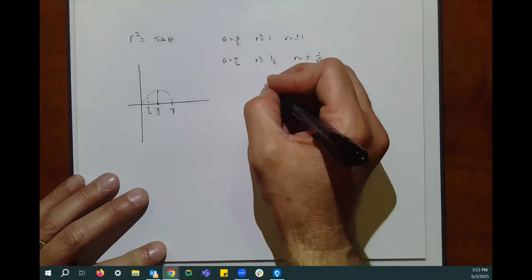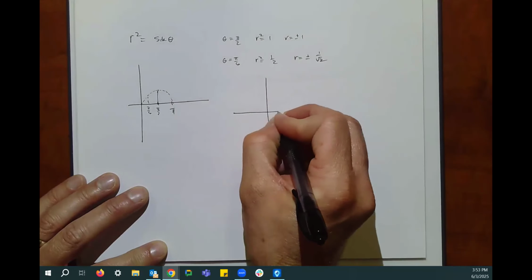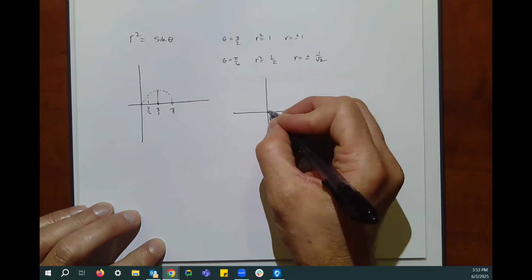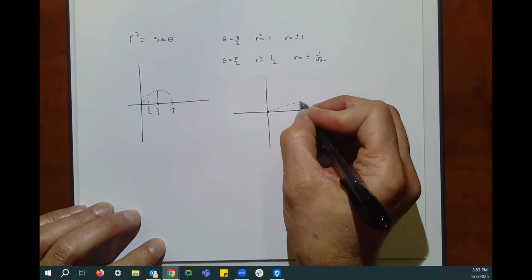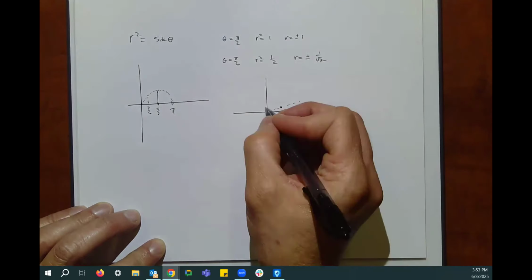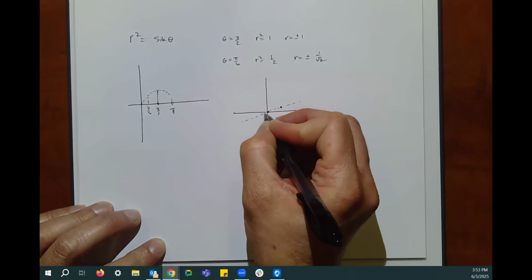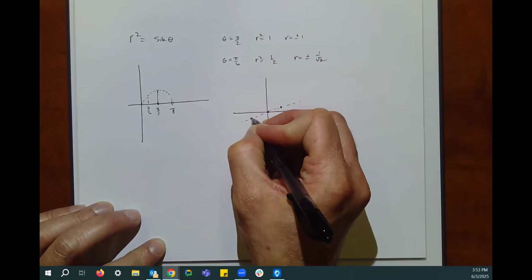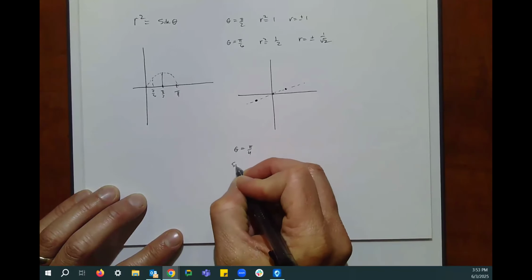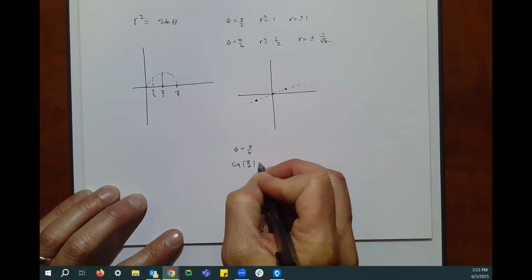So you get something like this, where when your angle is 0, you get 0. When your angle is pi over 6, you get either 1 over root 2, I'm just making up where it is, or negative 1 over root 2. And when your angle is, say, pi over 4, sine of pi over 4 is root 2 over 2.